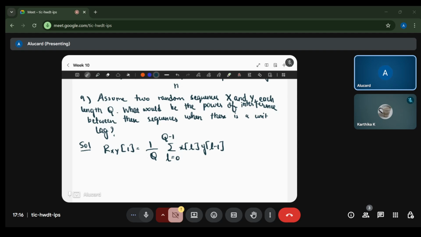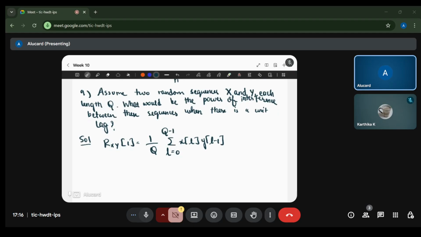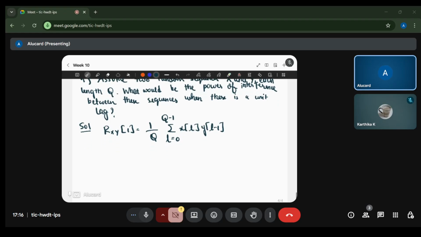Okay, back to the question. So the general formula, if the lag is k, is Rxy of k is, and it's the expected value actually.